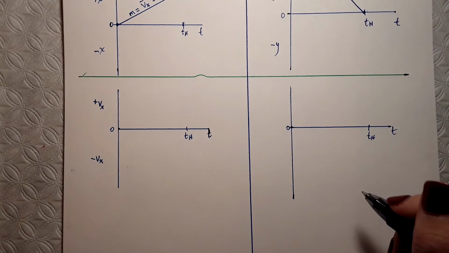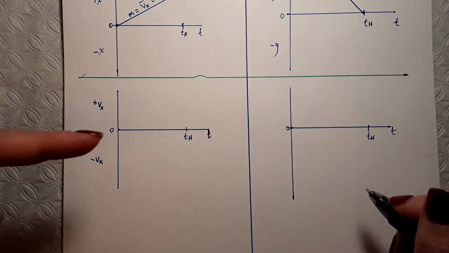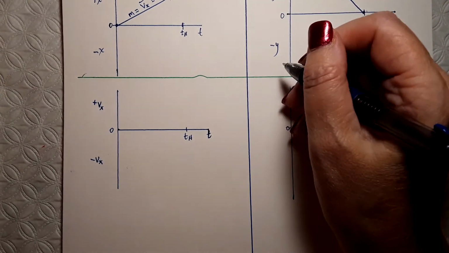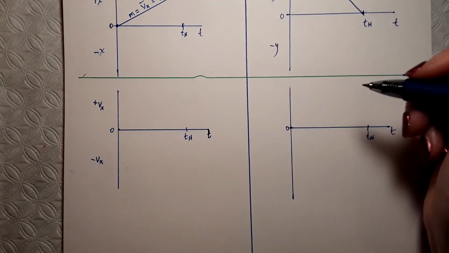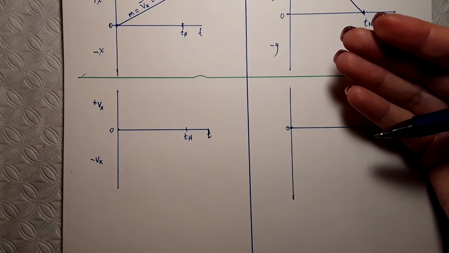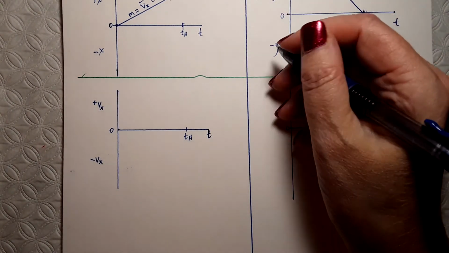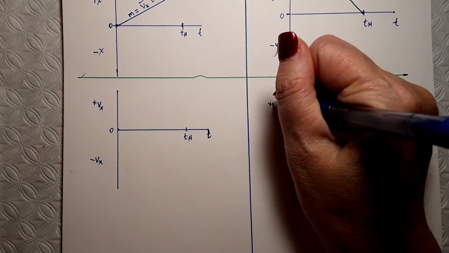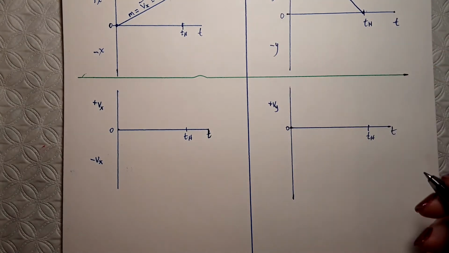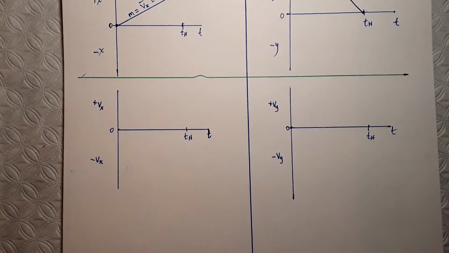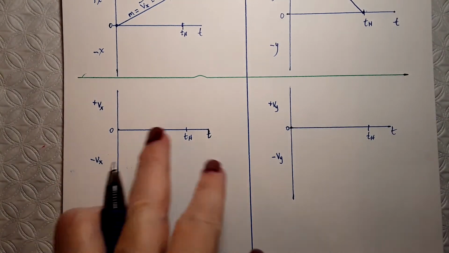So we don't have to worry about it going in the negative direction. It just goes to the right, so that's all we have to worry about. However, in the vertical plane, it can go up as well as down, but in our particular case, it only goes down, okay? So here's the vertical or y-plane velocities. All right, now we've got them labeled.